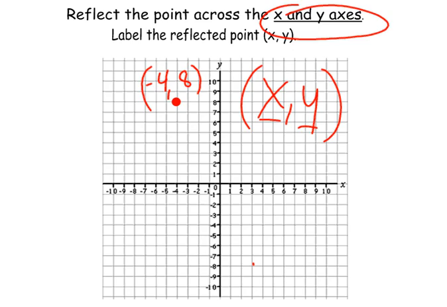Let me fix that. Positive 4, negative 8 would be right here. So I took the opposite of this, positive 4, took the opposite of this, negative 8, and now that point is reflecting across the x, and it's reflecting across the y. It's reflecting over both axes.